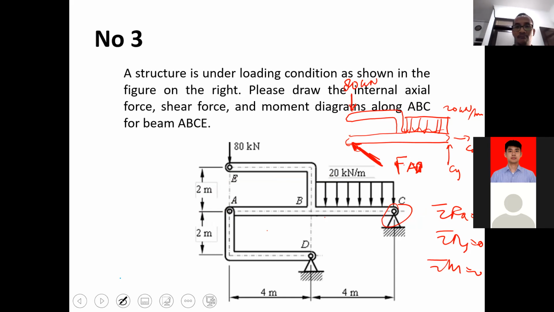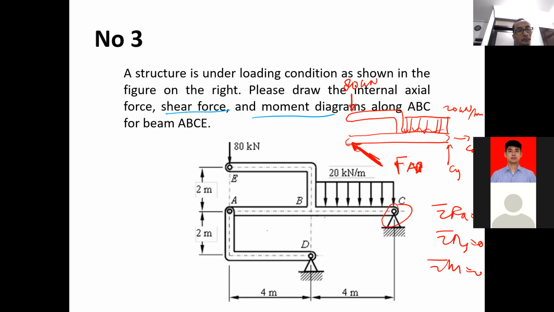So if we want to draw the shear force and moment diagrams here, how many cuts do we have to do, Alberto? Where is the cut that we're supposed to give?